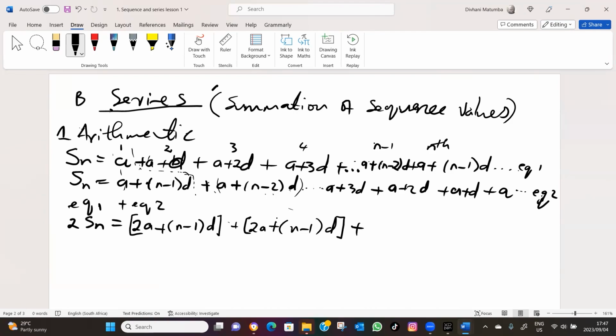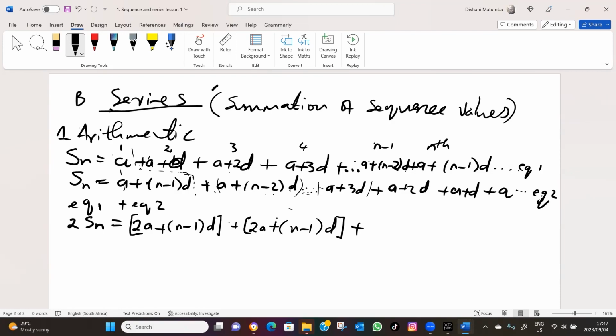And on the third term, if we're going to add that term there plus that one there. Sorry, I'm not gonna add that one.